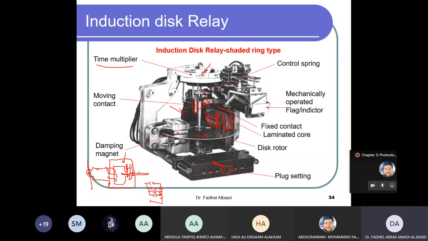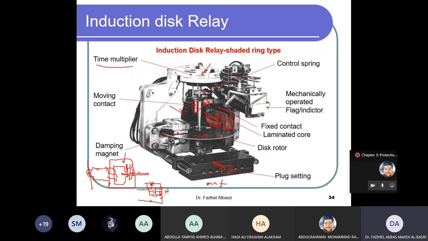All of these are connected together and go to the CT. If you put the plug here, you connect the full winding. If you remove it from here and put it here, you connect a fewer number of turns. So you control the number of turns to control the MMF.